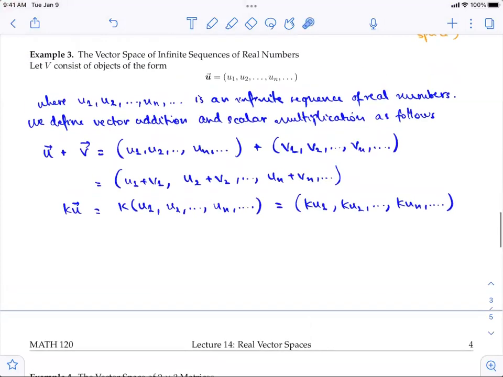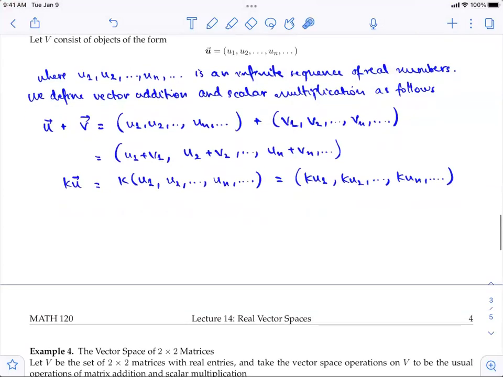So you have two vectors of infinite sequences of real numbers added together. Then the sum also consists of infinite sequences of real numbers. Similarly, in the case of scalar multiplication, if you have a vector of infinite sequences of real numbers, then the scalar multiple gives you a vector of infinite sequences of real numbers.